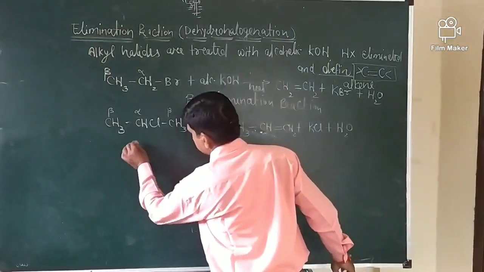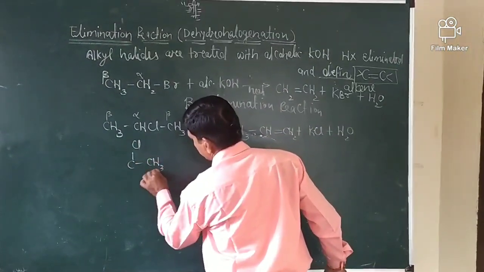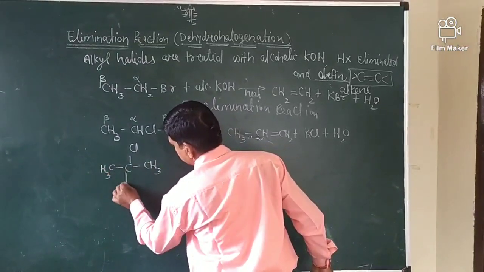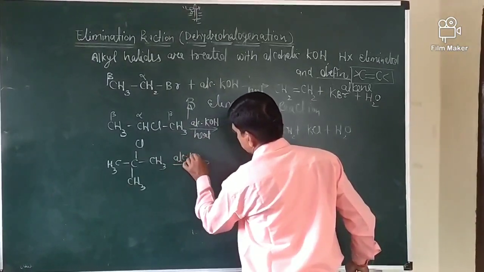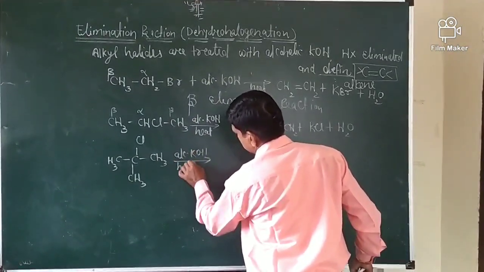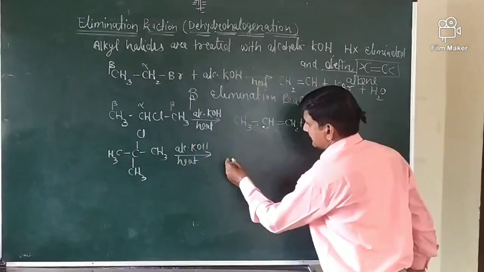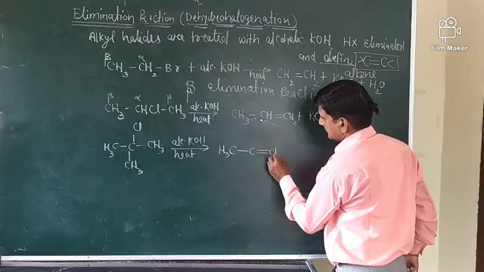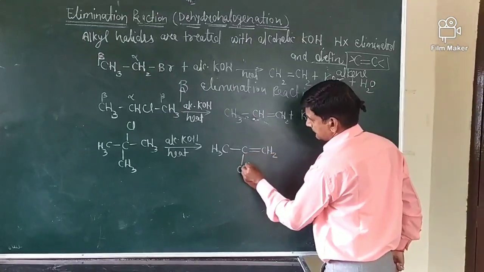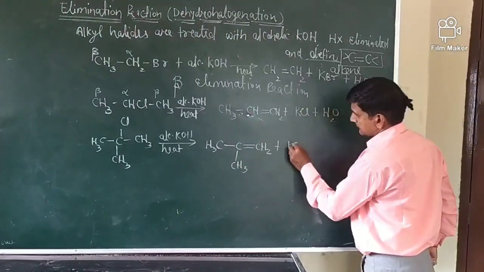Another example, tertiary butyl chloride. This is also treated with alcoholic KOH and heat. When treated, it forms this compound.